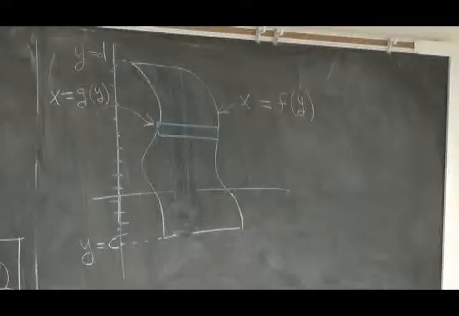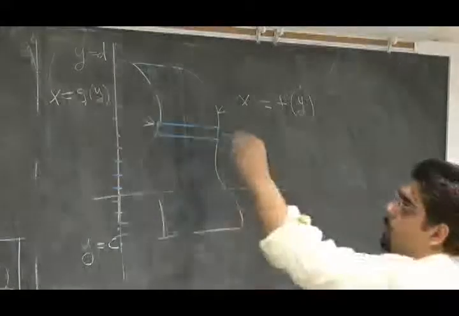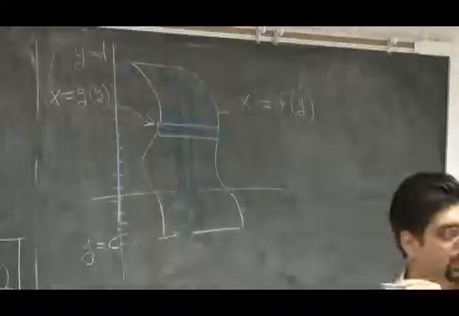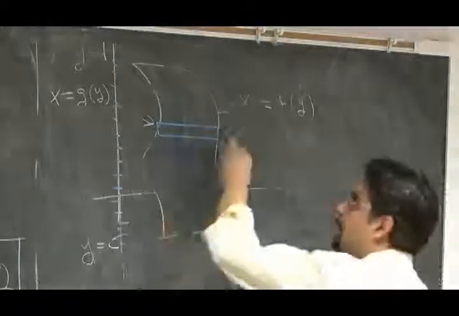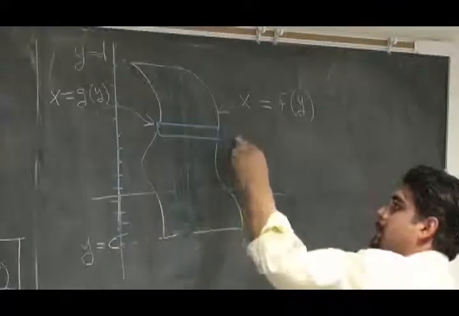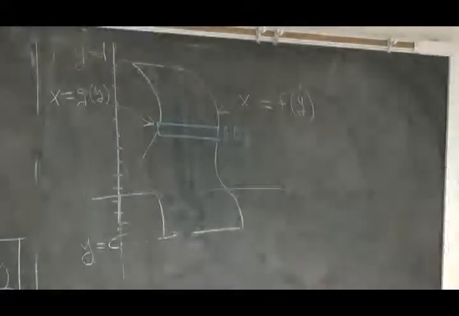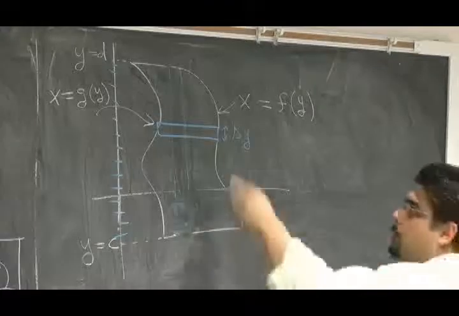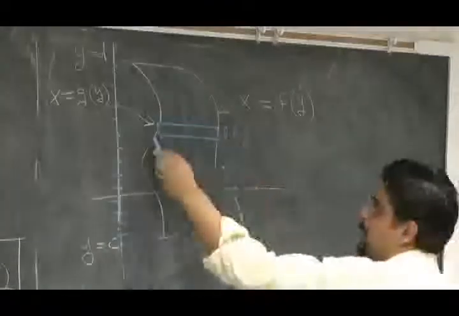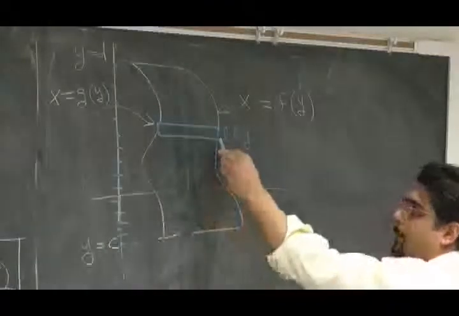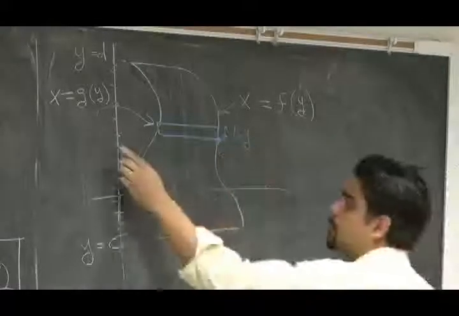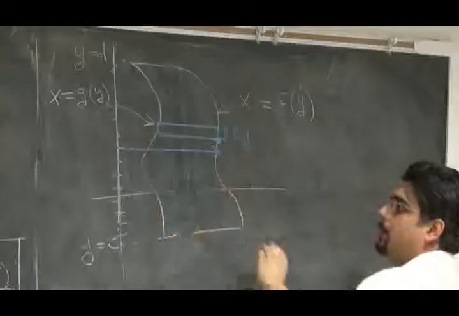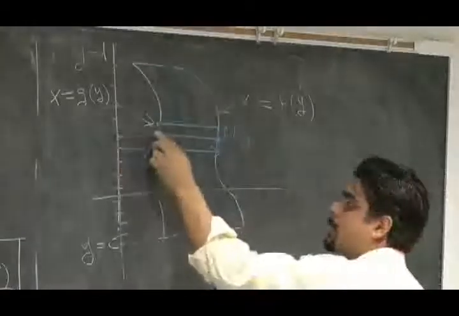Now all we have to figure out is what is the area of one rectangle. If we could do one rectangle, then we could do many rectangles. Well, this is basically delta y. Instead of being delta x, it's delta y. So we got the width. Now let's get the length. Well, the length is going to be this x value minus this x value.